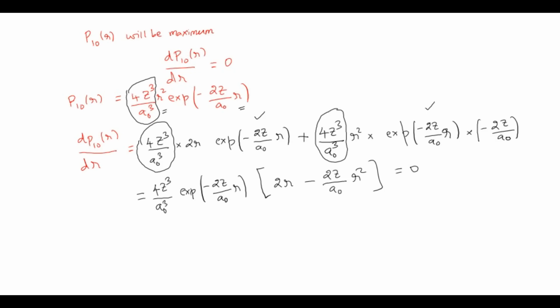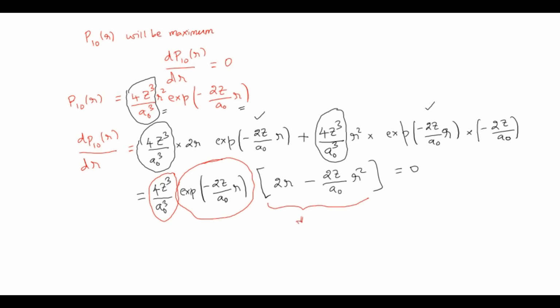The constants are non-zero, and the exponential term is also not 0. If it became 0, the entire radial probability density would become 0. So these two terms cannot be 0, and this will become 0 only if the bracket term vanishes.